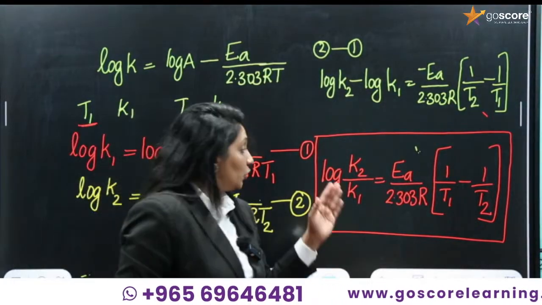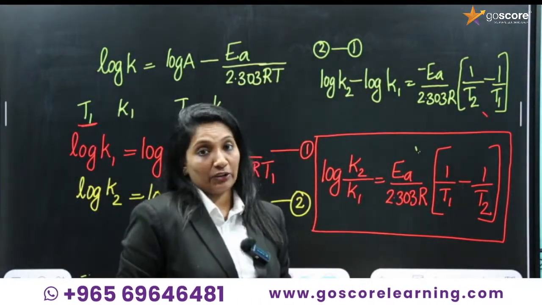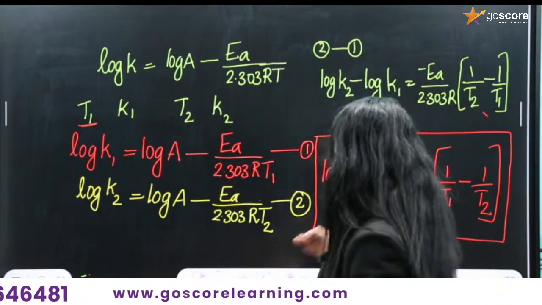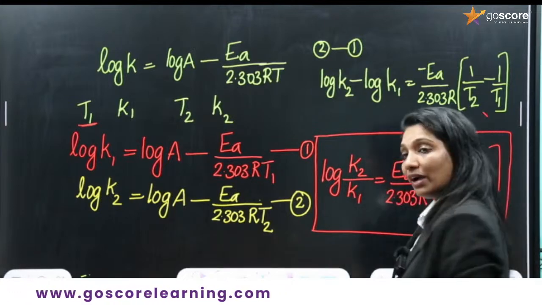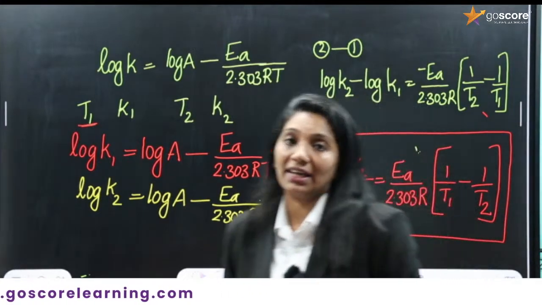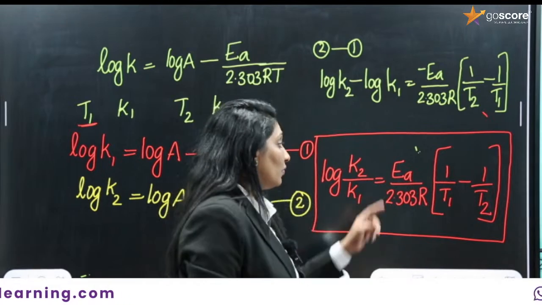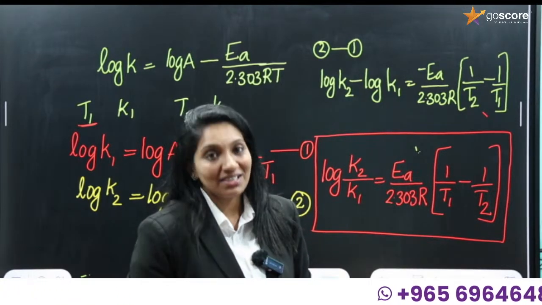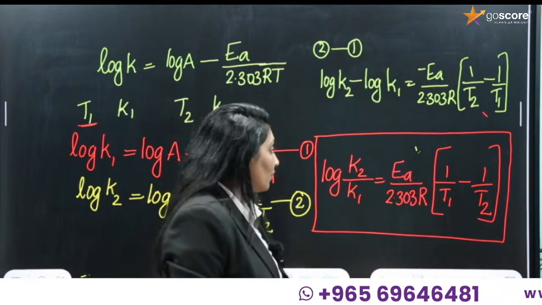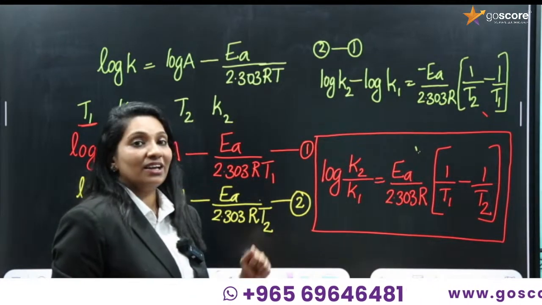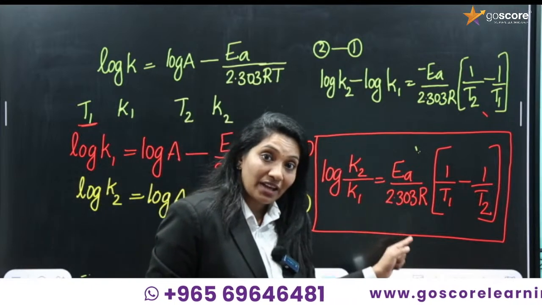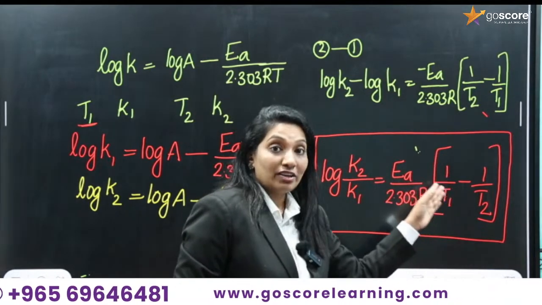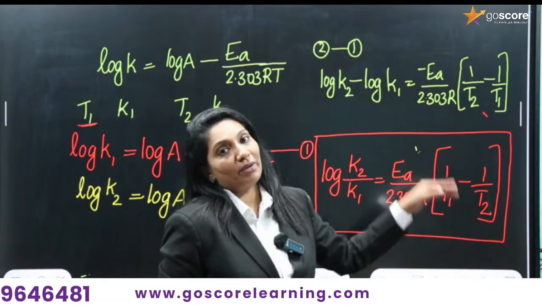This is a very important equation. In problems you will be provided with the two rate constants K1 and K2, given directly or indirectly, and the two temperatures in Kelvin scale, and you have to calculate the activation energy. There you use this equation: log K2 by K1 is equal to Ea by 2.303 R into 1 by T1 minus 1 by T2.